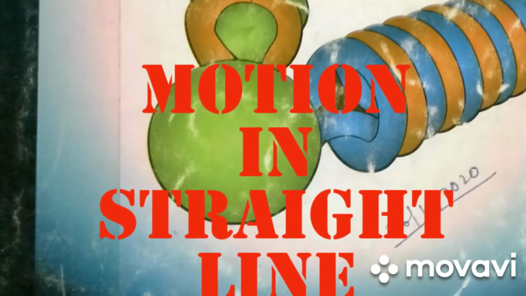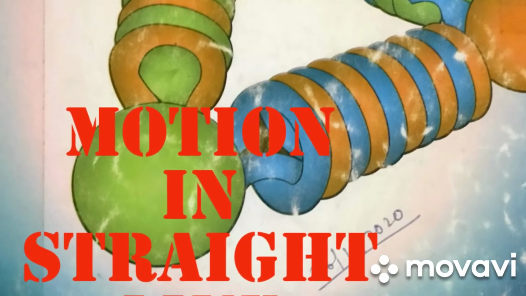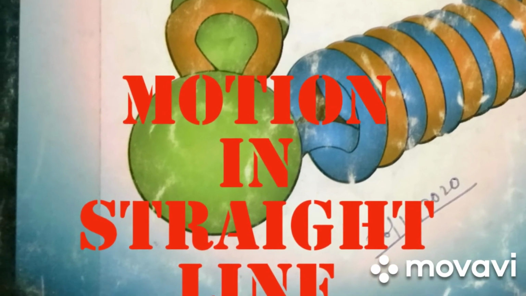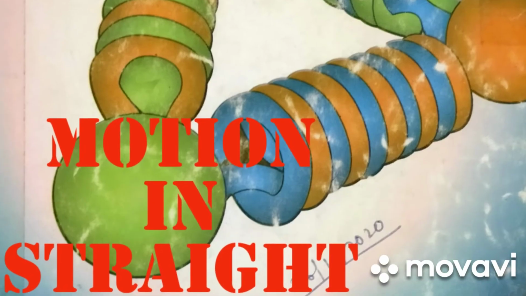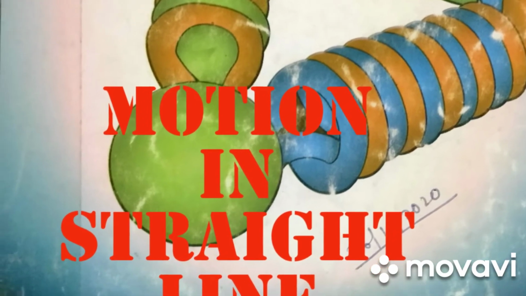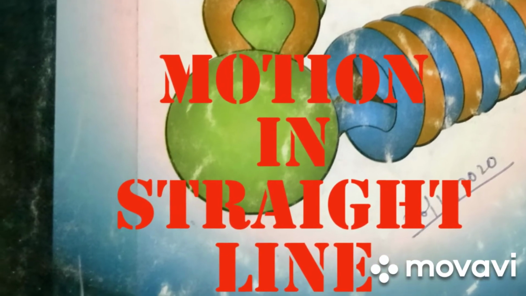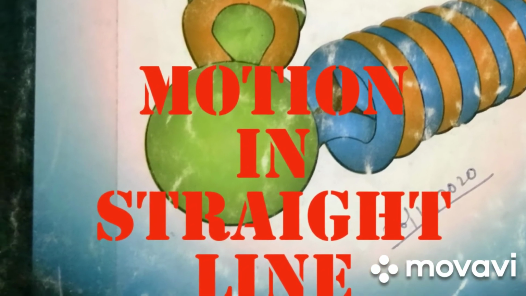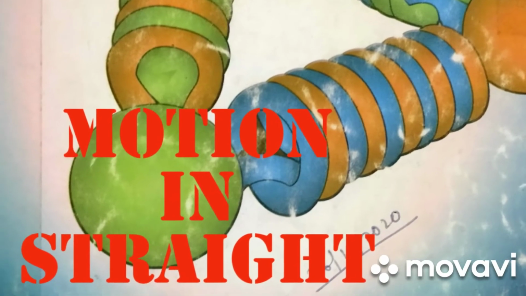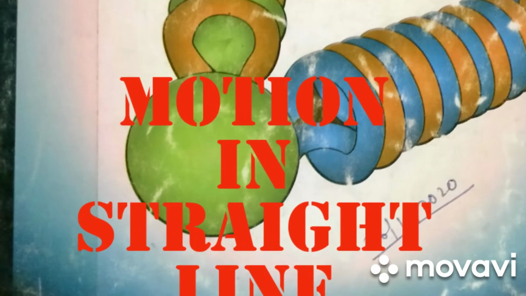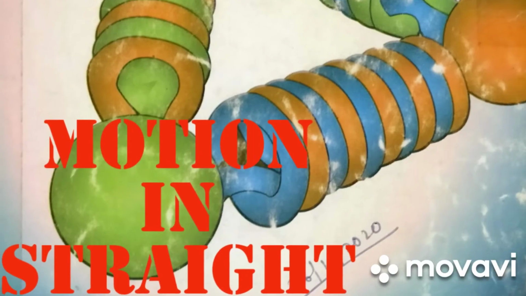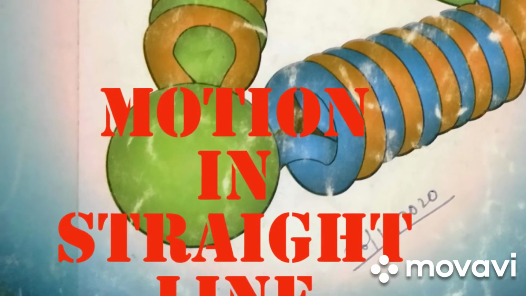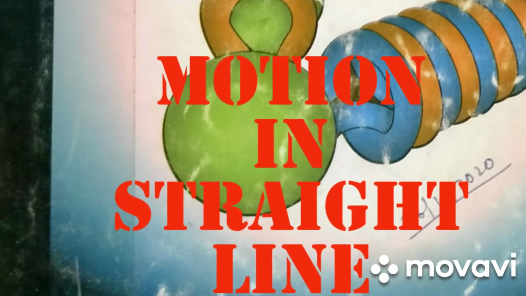It becomes a position-time graph that is a horizontal line parallel to the time axis. In that case, velocity is equal to 0 as displacement is 0.